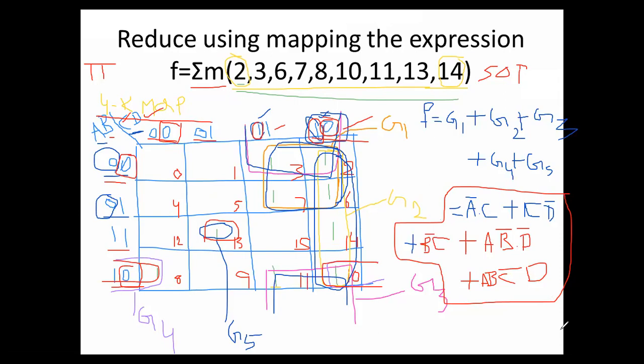Do you understand? Here the main thing is how to group the adjacent ones. After grouping the adjacent ones, find the variables for AB and the variables for CD in the particular group. Then you will get the function like this. Do you understand?